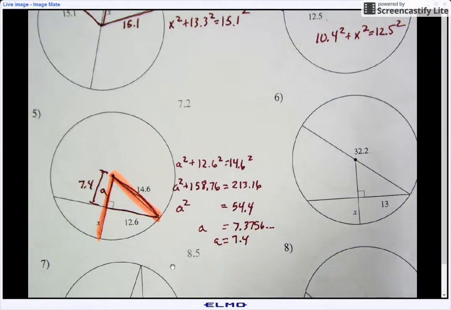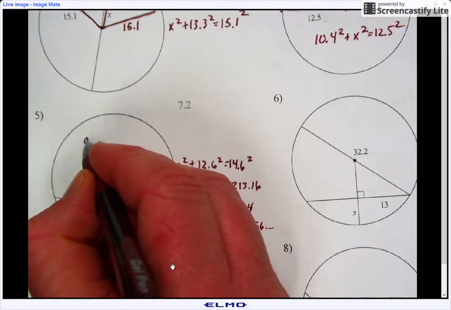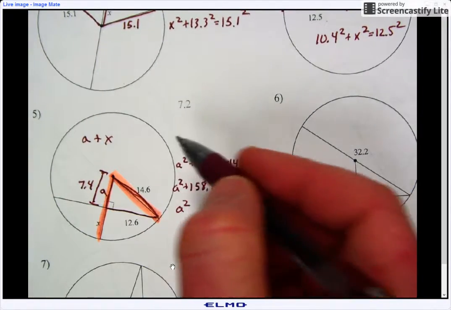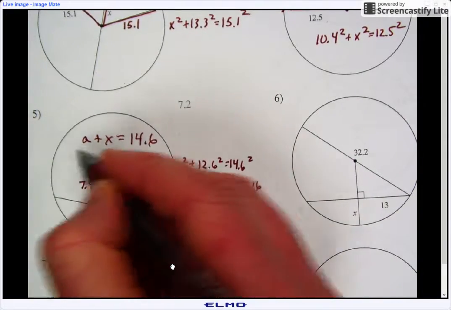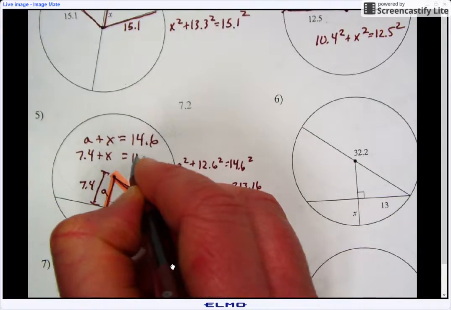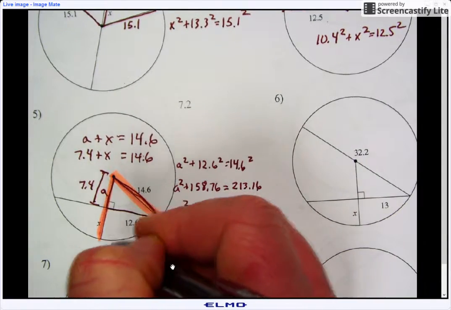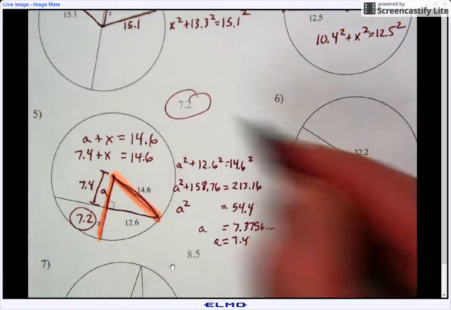It's kind of an optical illusion. That whole thing, in other words, x plus a added together adds up to 14.6. So we just found a is 7.4. That means x is 7.2. There's your answer.